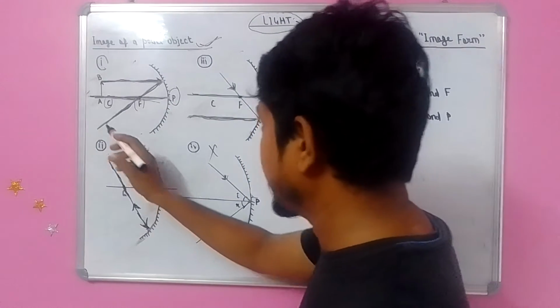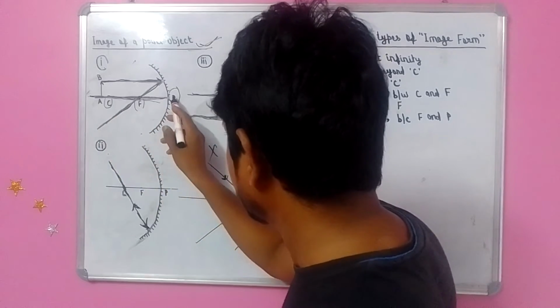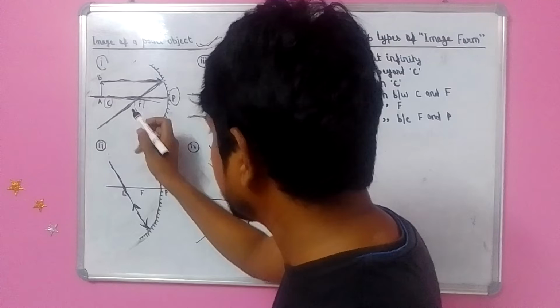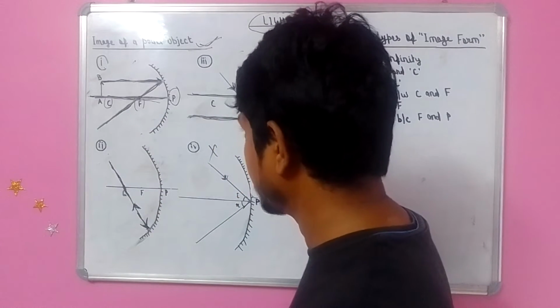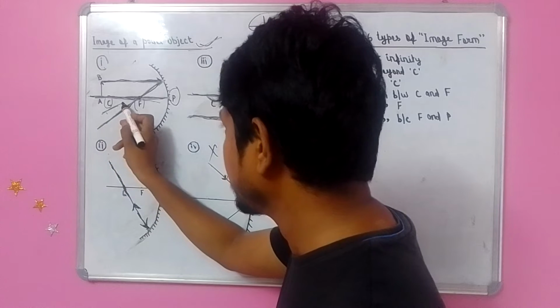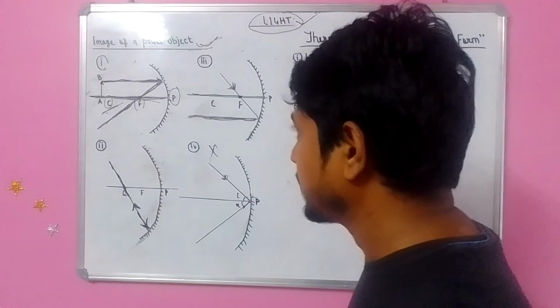Here this is the pole of the spherical mirror, F is the focus of the spherical mirror, and C is the center of curvature of the mirror.